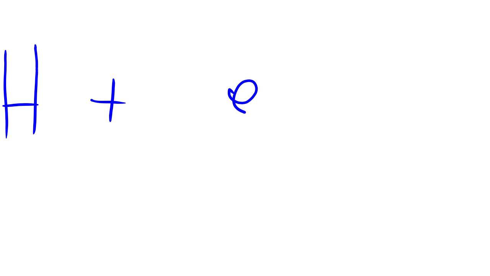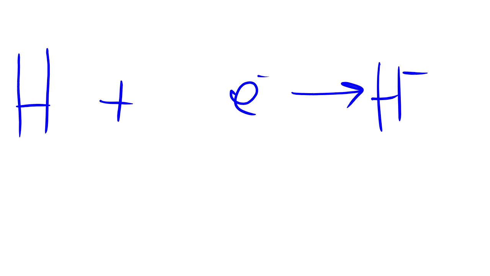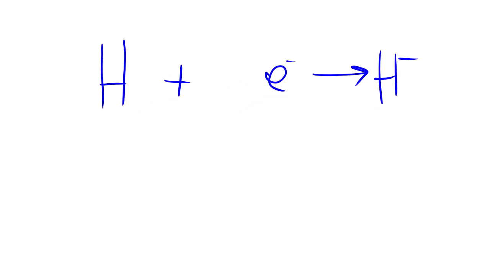This is common in atoms like hydrogen. You can have hydrogen plus an electron. If you have an electron, we write electron as e negative, then it will become a hydrogen ion. So let's do it for oxygen.